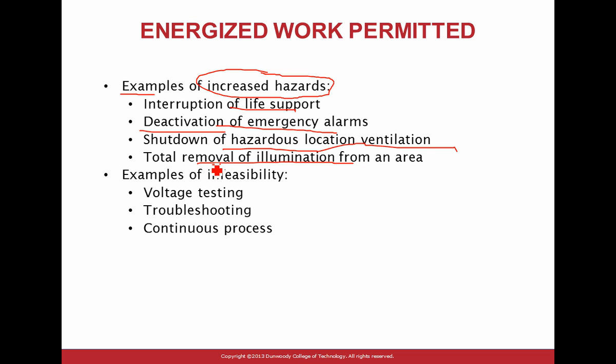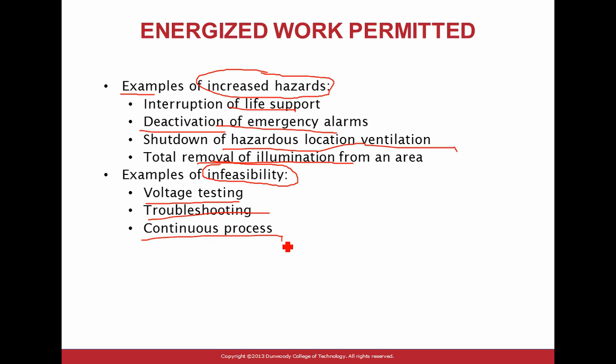I believe you are here, and I'm just guessing: infeasibility, voltage testing, troubleshooting, and continuous process. Isn't that what you do? Continuous process, troubleshooting, or voltage testing. These are really the main ones. If you can't troubleshoot the piece of equipment when it's de-energized, I don't know how you would.